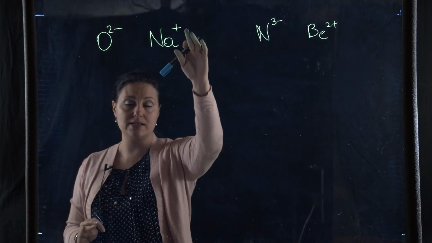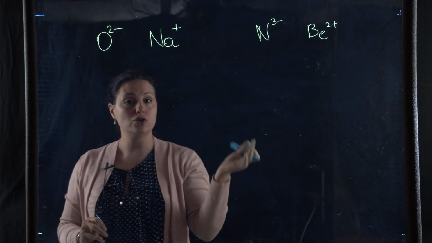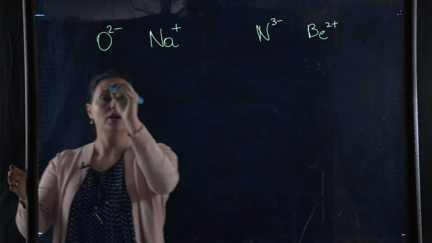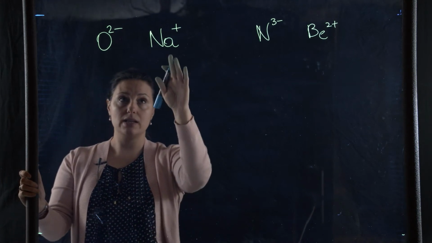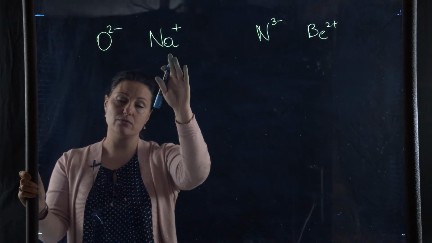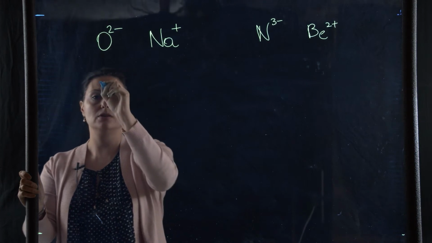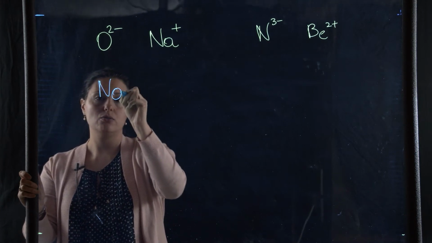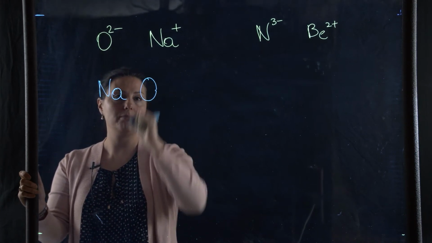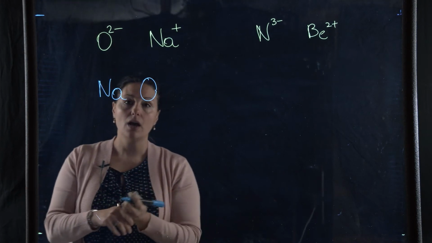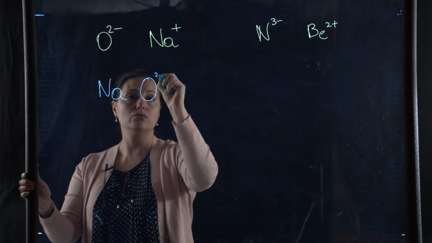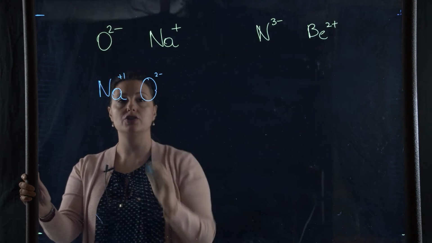Sodium is group 1, so it has a +1 charge. Oxygen is group 6, so it has a 2- charge. So let me write this compound, and like I said, we have to write the metal first because that's convention. Metal is written first and then the nonmetal. However, I have a 2- charge here and a +1 charge here.